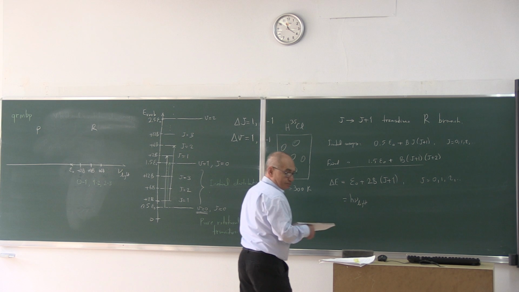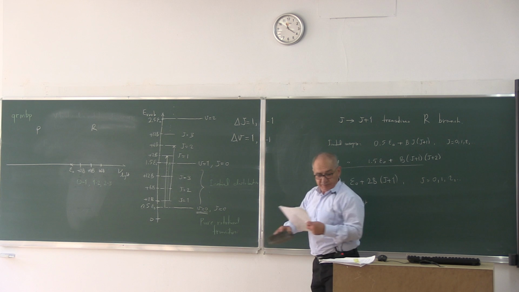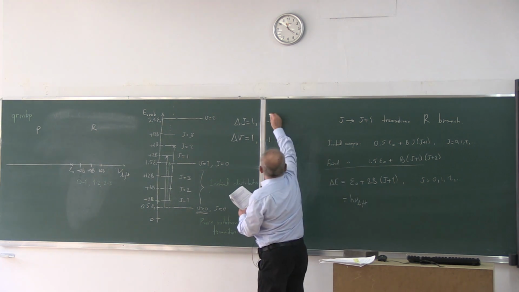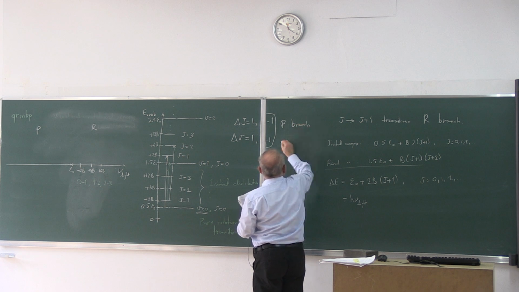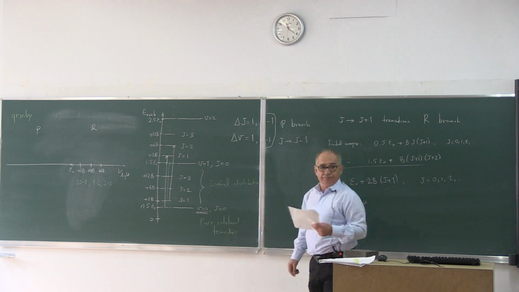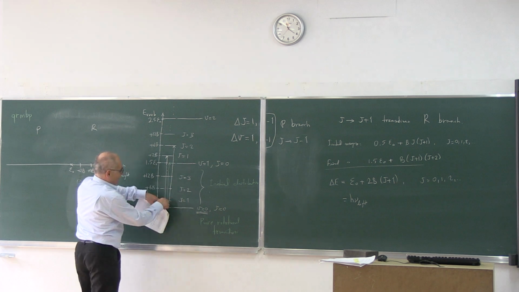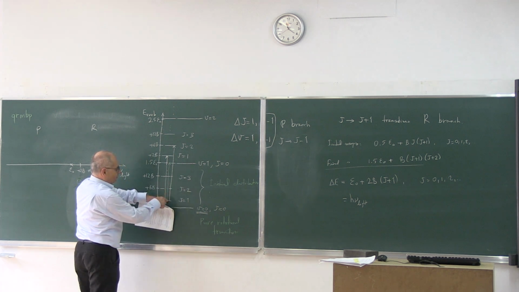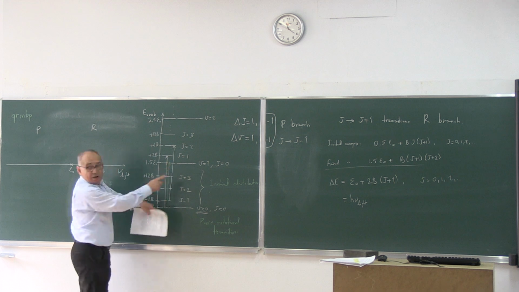There is also P branch. P branch corresponds to J to J minus 1 transitions. In other words, this one is one of the photon frequencies that belong to P branch, while J equals 1 to J equals 0 transition.